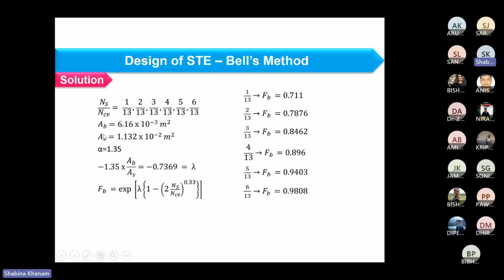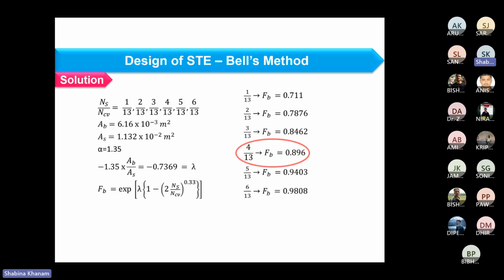NCV is 13 always. AB and AS, given alpha, you can choose, and you have this expression. Once you put these different NS by NCV values, you can find out the FB value like this. How many sealing strips would be required will depend on this FB value.